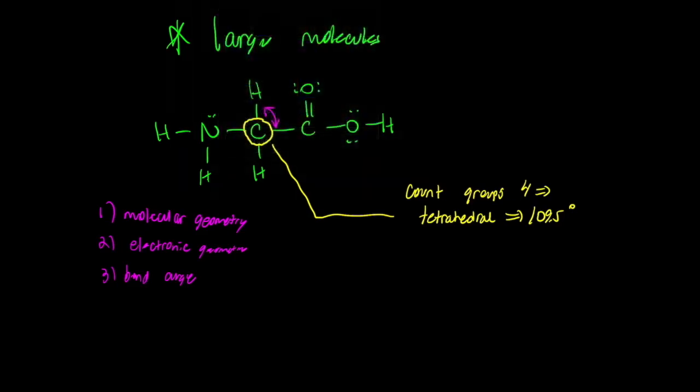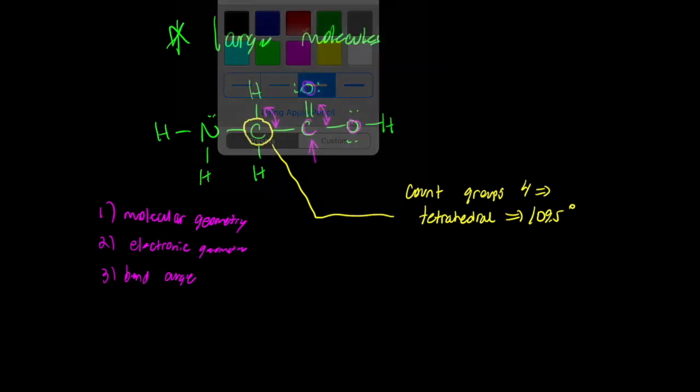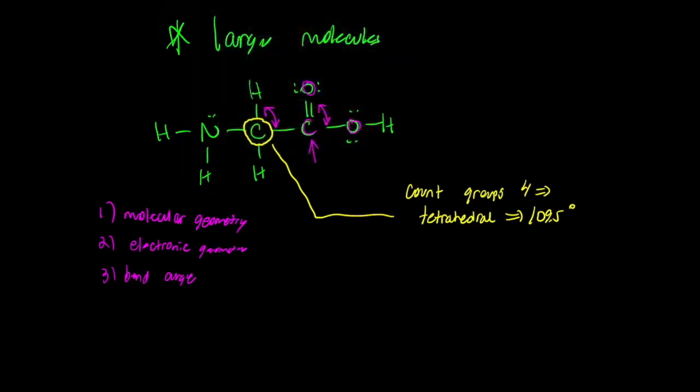What if we were asked to identify, okay, what is this bond angle between the oxygen, carbon, oxygen? Is it 120, 90, 180? What is it supposed to be? All right, so again, what you do is you look at this as the central atom and you count groups. Now here I'm going to slow down a little bit in case I lost you. When you count groups to this carbon, this is one group.